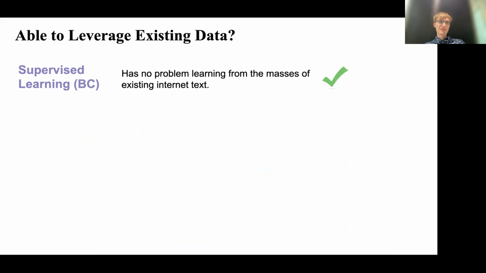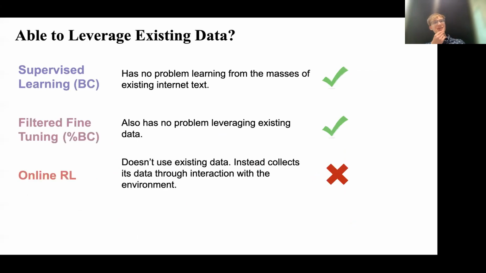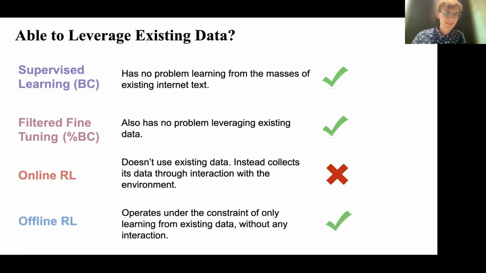Obviously, supervised learning and filtered fine-tuning can do this. Online RL, you could probably mix some of the existing data in, but by definition, it needs to learn from its own interactions. So it's collecting new data to learn from, which is not super ideal. Offline RL, on the other hand, can of course just soak up any data set you give it.